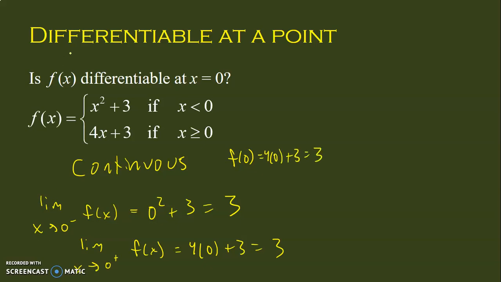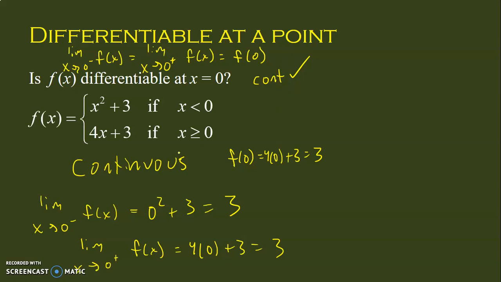So since the limit as x approaches 0 from the left of f of x is equal to the limit as x approaches 0 from the right of f of x, which is equal to f of 0, it is continuous. So now I need to check the slopes.